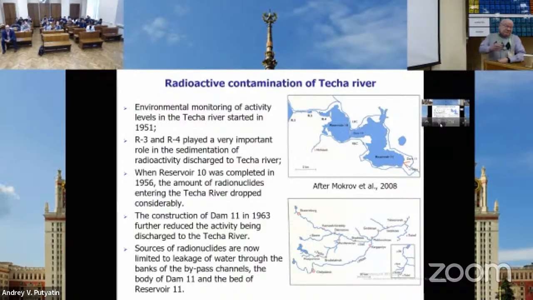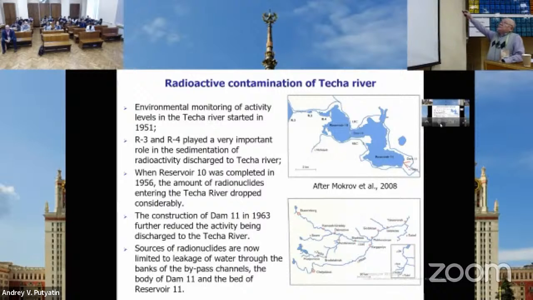However, the contamination of the Techa River became a big problem and challenge. Therefore, it was decided to construct another, much bigger reservoir, Reservoir 10.